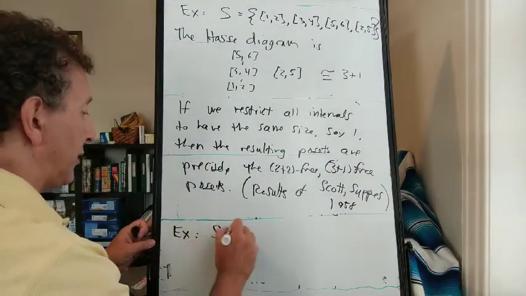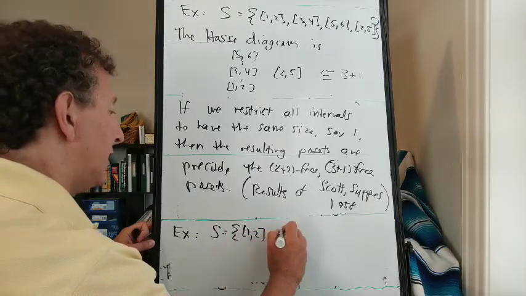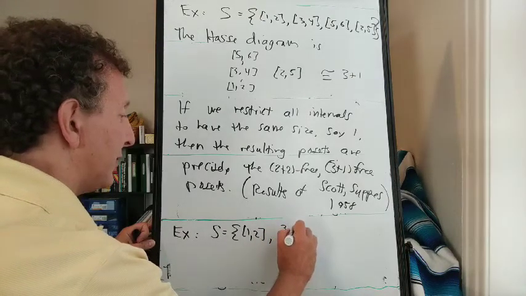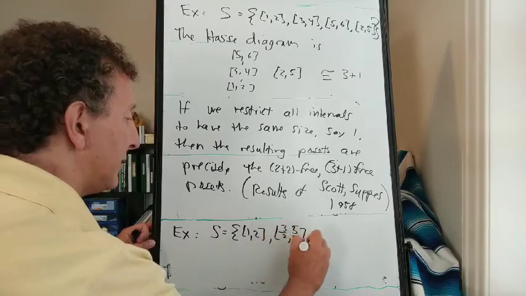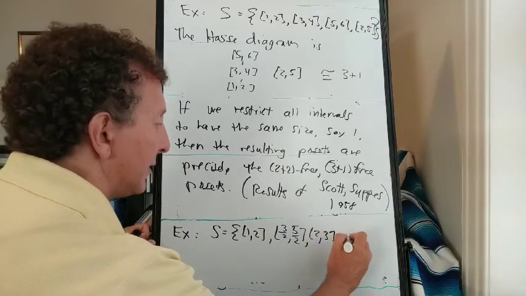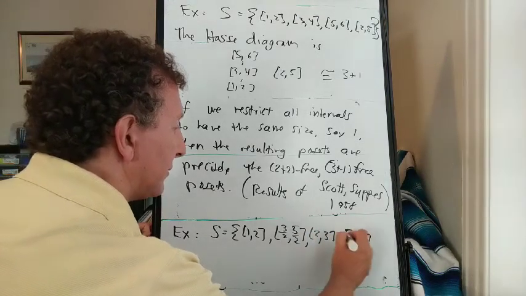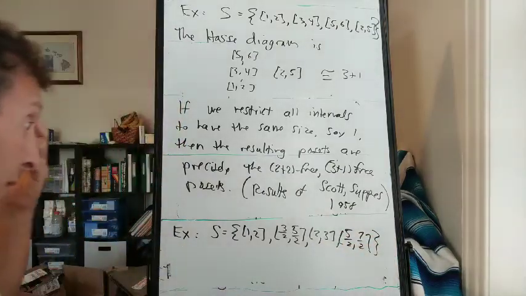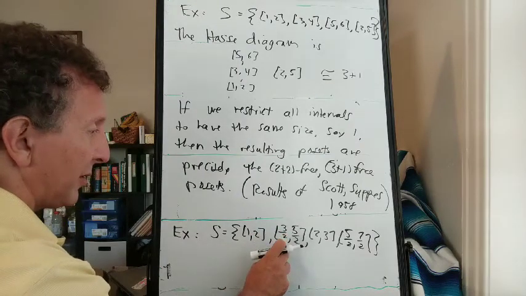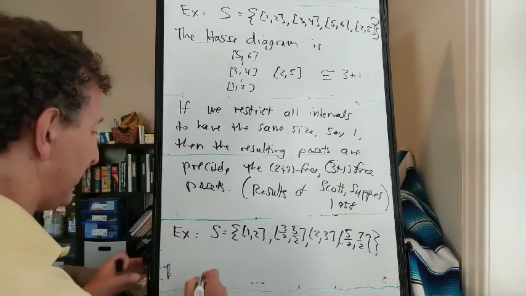So for example, if we look at the set of intervals 1,2, let's say 3 halves, 5 halves, 2,3, and 5 halves, 7 halves. See, so 1,2 overlaps with that interval at the endpoint. So 1,2 is less than 5 halves, 7 halves.